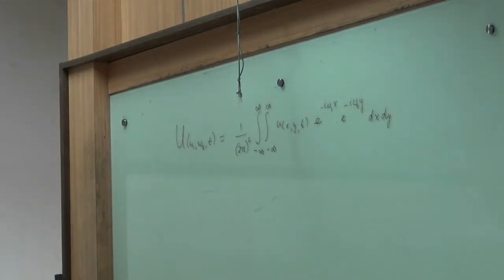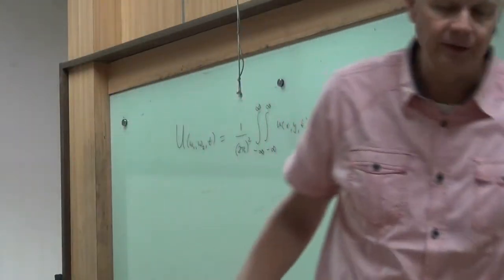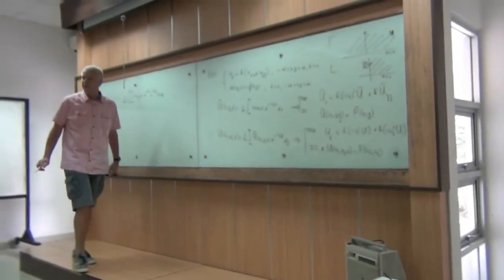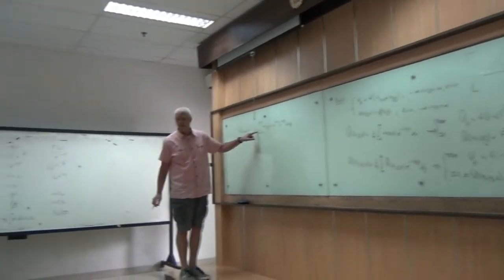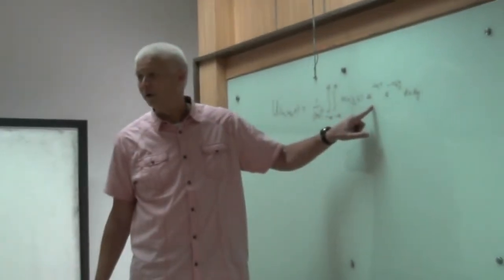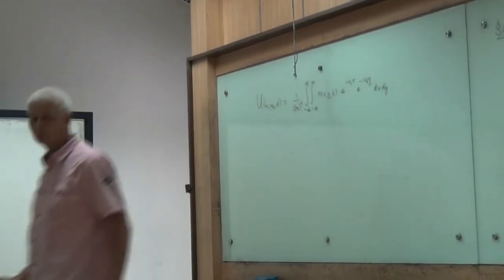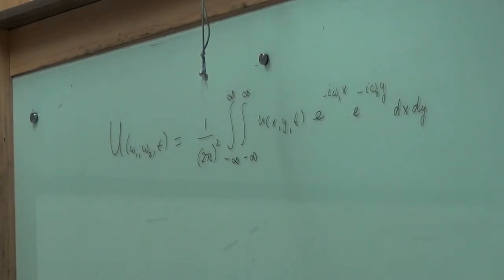This is taking in 1 step what I did in 2 steps, first the first one, then the second one. If you have a 3-dimensional problem, you immediately write down 1 over 2 pi cubed u(x, y, z, t) e to the power minus i omega 1 x, omega 2 y, omega 3 z dx dy dz. Because else you have to write too much, and mathematicians are usually lazy. That's why we have that compact form of writing things out.